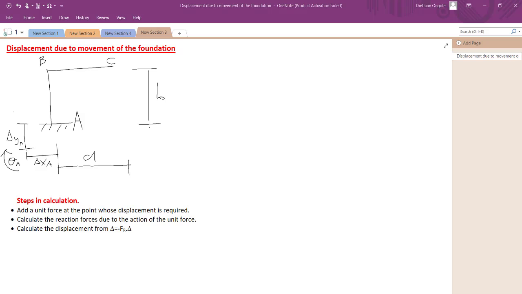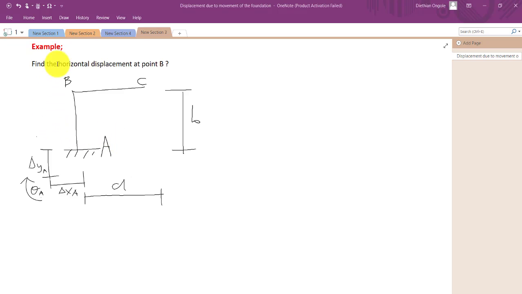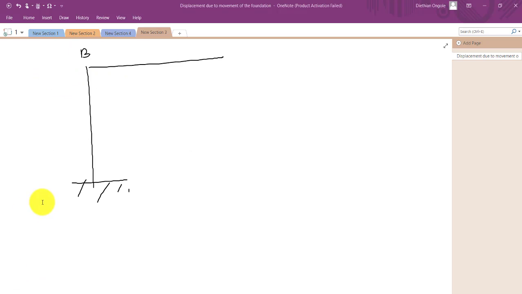Now let's take on the illustration above so as we try to see how the above steps are put into calculations. From the above illustration, let's assume that they want us to find the horizontal displacement at a point B. From the steps that we said above, the first thing that we need to do is to add a unit force at the point whose displacement is required.